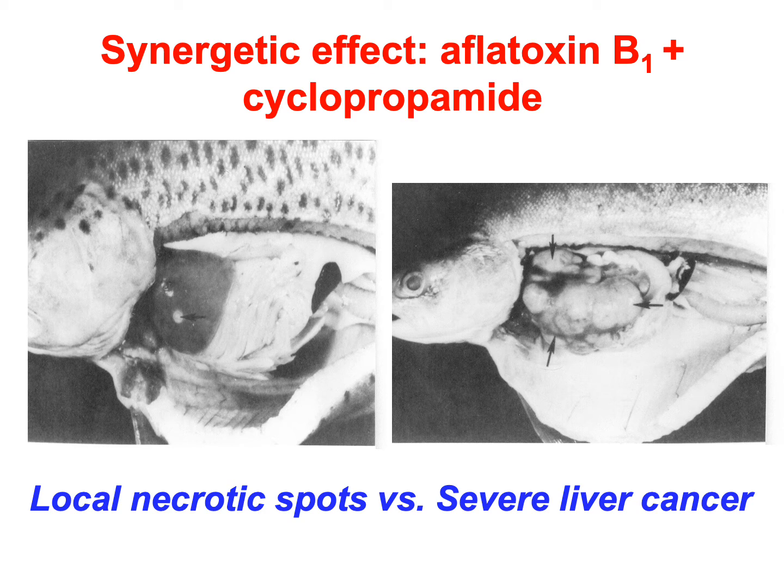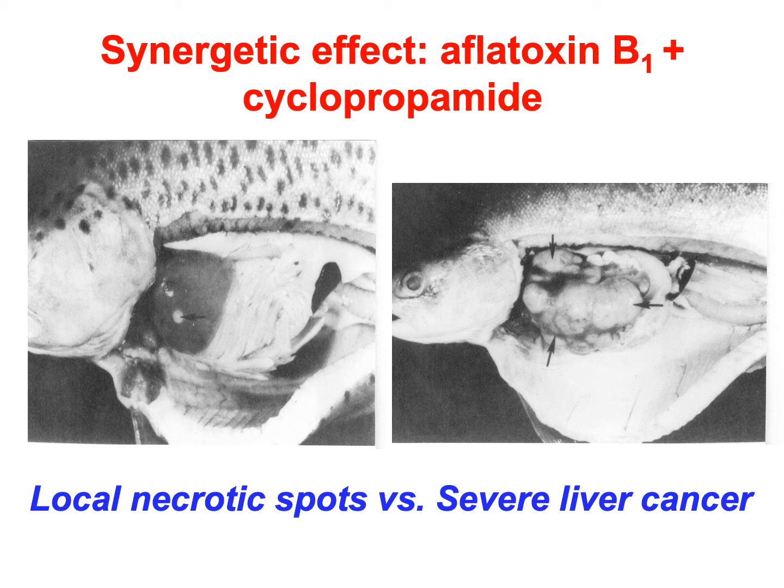You can see that aflatoxin B1 in a very, very low concentration, the concentration used was 1 ppb, parts per billion, was even able to cause local necrotic spots on the liver.